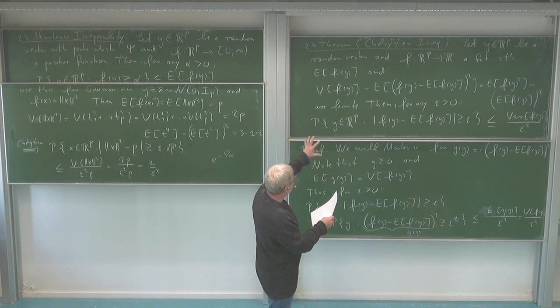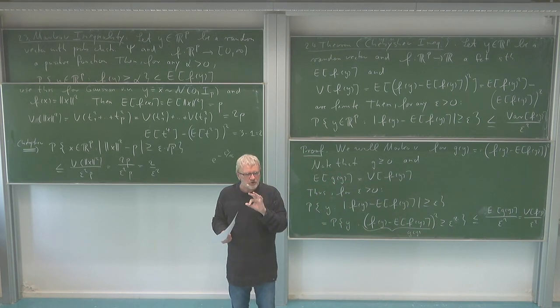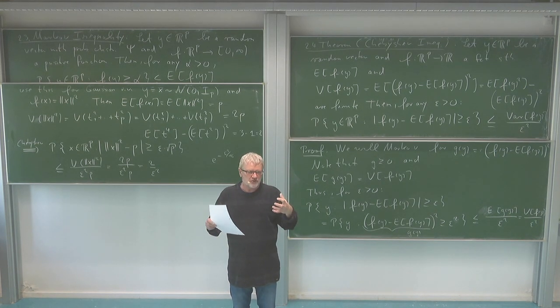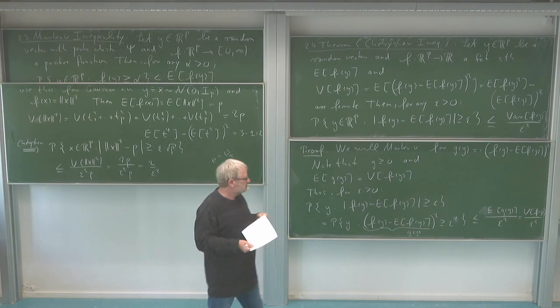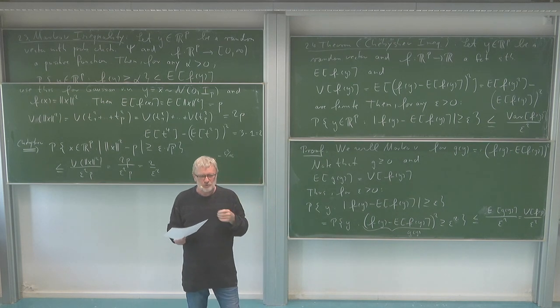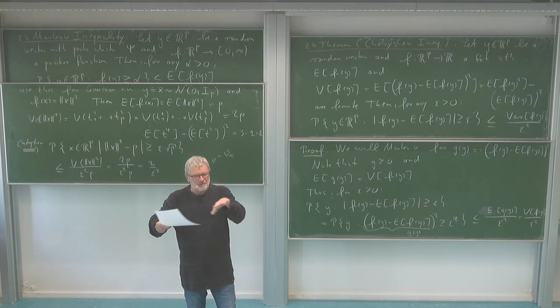So maybe you have seen the idea: Markov is looking at the first moment, Chebyshev is looking at the second moment or the variance, and of course you can ask, can I use higher moments for giving me more concentration? In principle, that's what we are going to do, but if you try to do it directly with the moments, it's getting quite complicated. So what you usually do is take the generating series in the moments, which is more or less the Fourier transform, because this contains all moments at the same time.